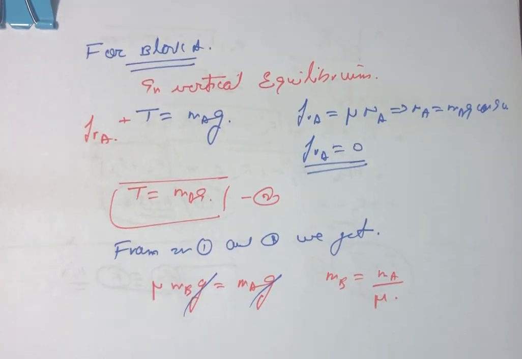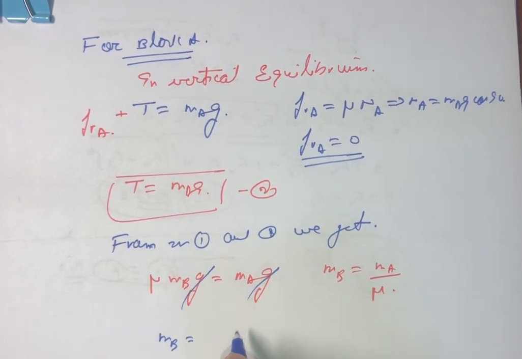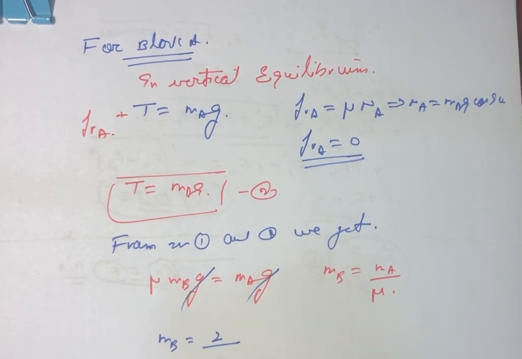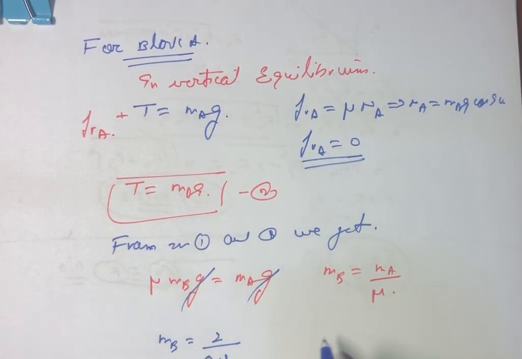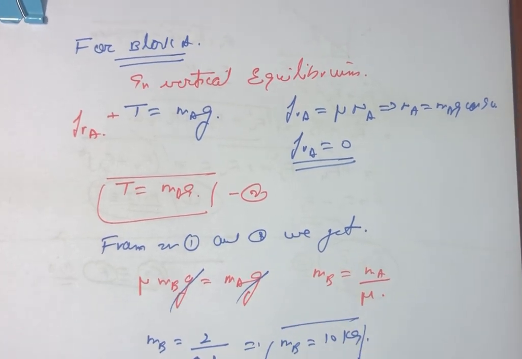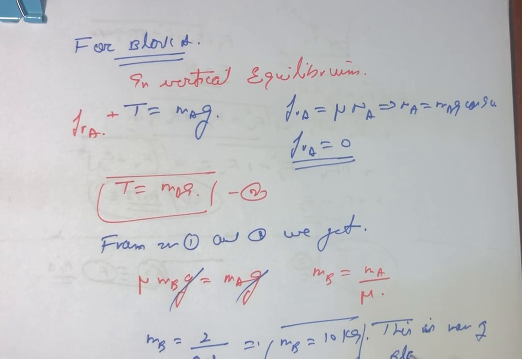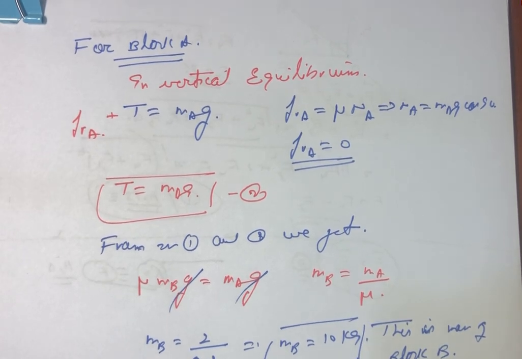We substitute the values: MA is given as 2 kg, and the coefficient of friction is given as 0.2. From here we can say MB is equal to 10 kg. So this is the mass of block B.